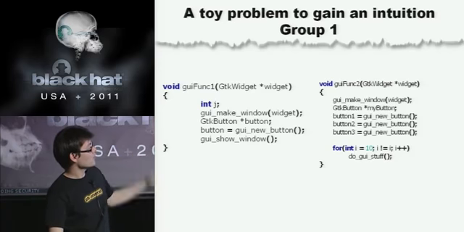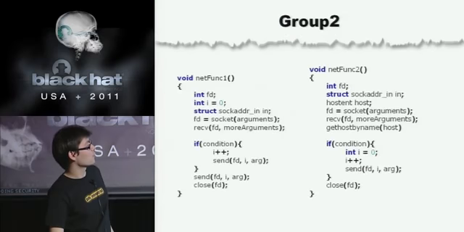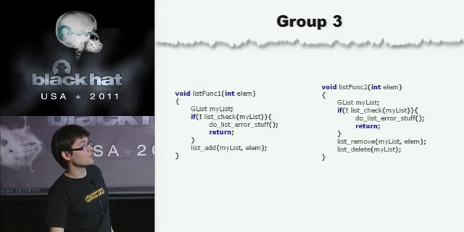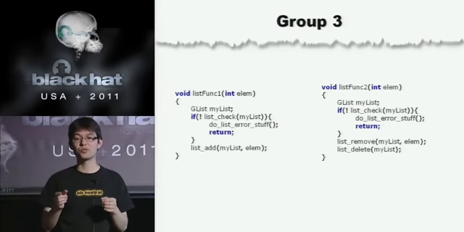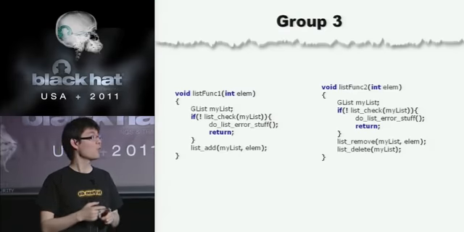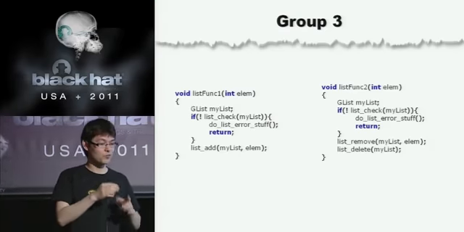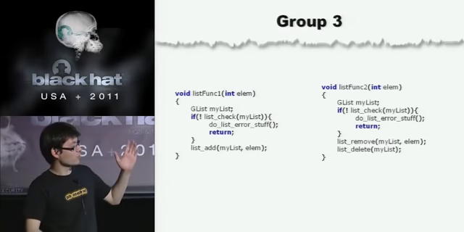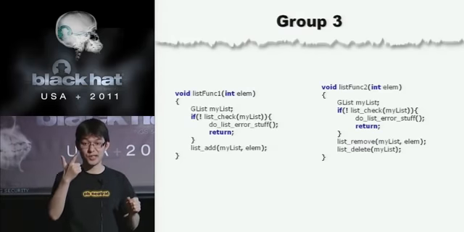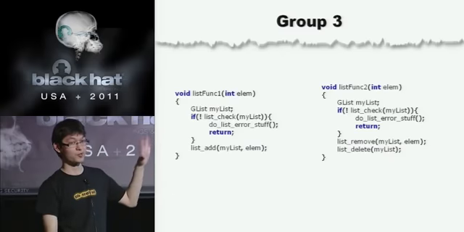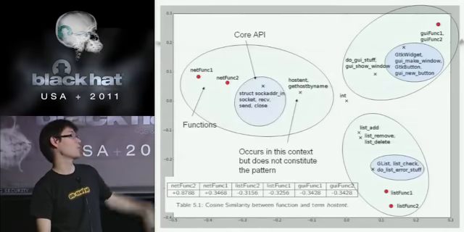And you have 3 APIs, the GUI functions, the network functions, and the list functions. And all of these functions contain the symbol int. Now we're going to do the decomposition and show what the vector space looks like when we project onto the most dominant and the second most dominant API usage pattern in this toy example. And this is what it looks like.